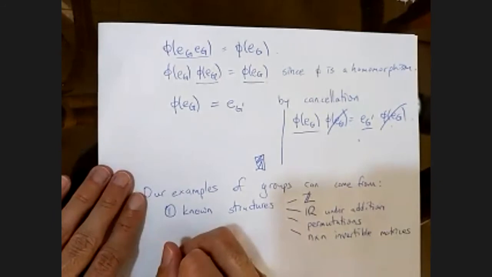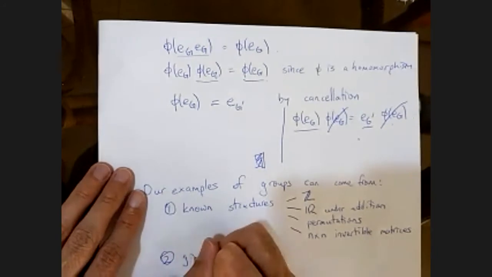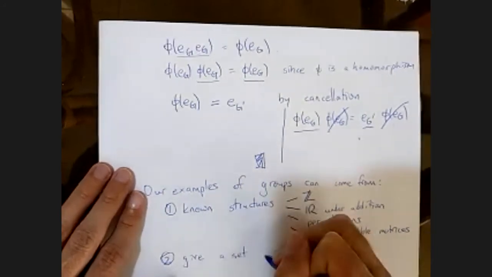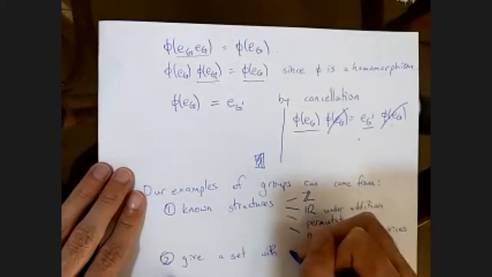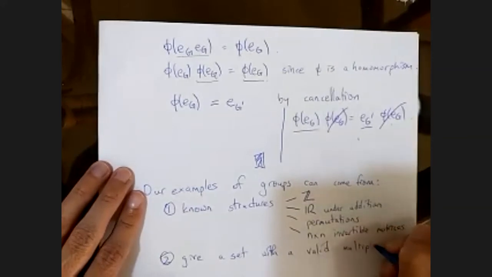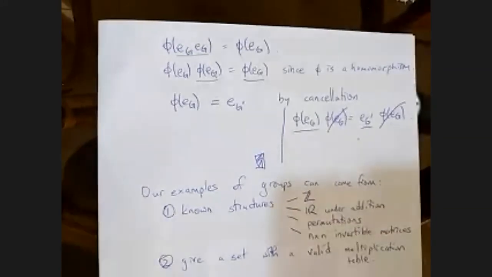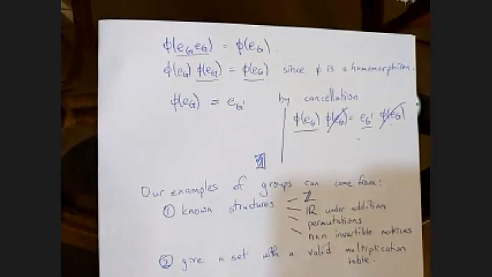And then the only other way so far is that I can just give you a set and write out the multiplication table, with a valid multiplication table. This was fine for a group with 4 elements.